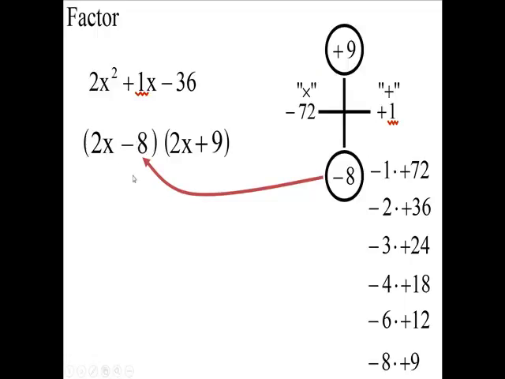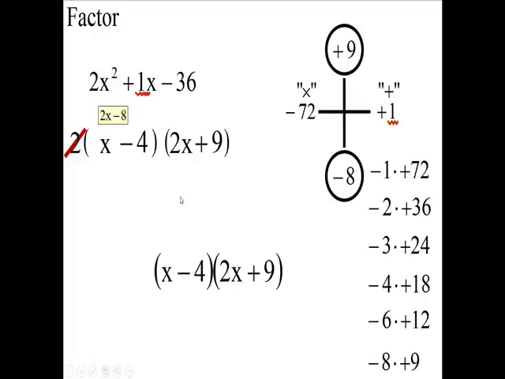Now notice, these two numbers over here have a common factor. What is the common factor for these two numbers? You can factor out a 2. That's the 2 we're going to throw away. Right now, 2 times x is 2x. 2 times negative 4 is negative 8. Throw it away. This is the factored form of this trinomial.